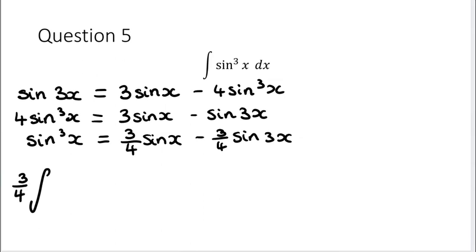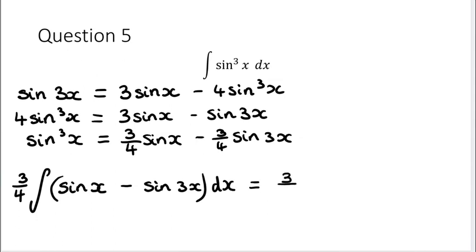So I'm going to pull out that common factor of the 3 over 4, and I'm going to integrate sine x minus sine 3x. And the result of that would be, if I integrate sine, I get negative cos x. Just be really careful. Remember, when you integrate sine, you get a negative cos. If you integrate minus sine, you get a positive cos.